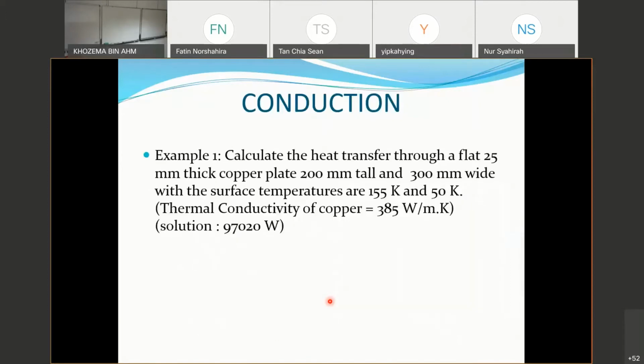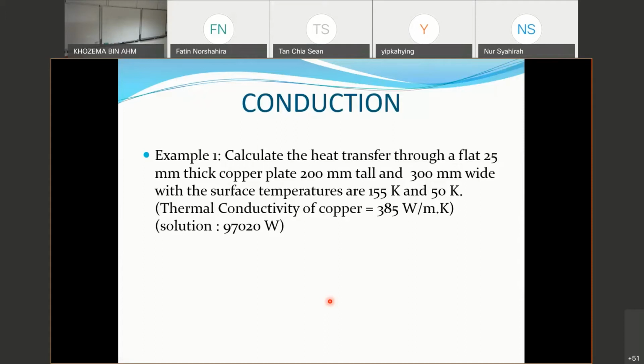This is example 1. Example 1 is asking us to calculate the heat transfer through a flat plate, a copper plate of 25 mm thickness, 200 mm tall and 300 mm wide, with surface temperatures of 155 Kelvin and 50 Kelvin.